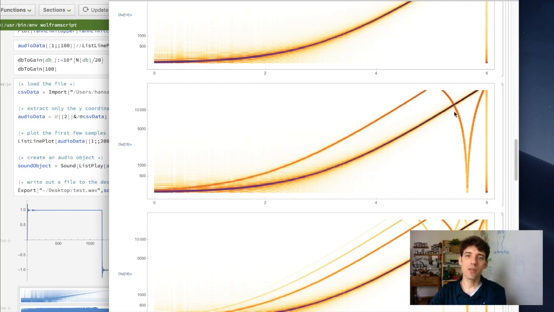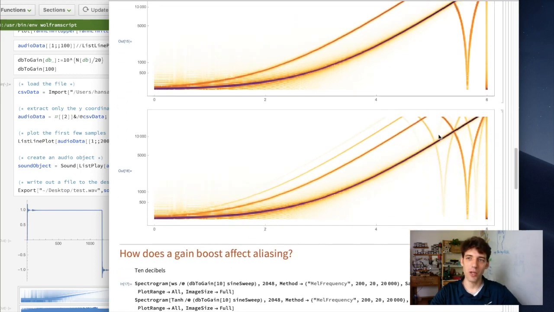So this is a lot of aliasing, but it could be totally eliminated by oversampling with a factor of 2. But I want you to note that would only work if we don't boost the gain. We have to keep the input gain perfectly within the limits. It can't clip at all.